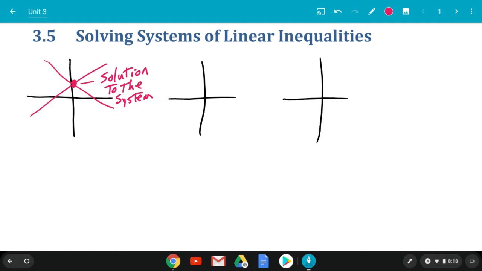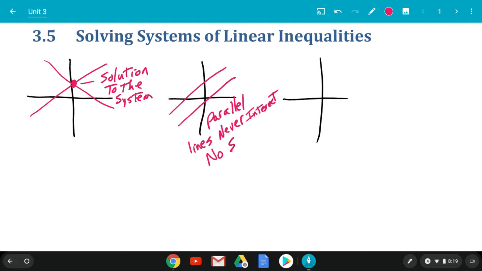We're looking for the solution, or the point of intersection. Almost always when we have two lines, they're going to intersect. Who can name for me one time when they will not intersect? Leo? Good. If they're parallel. If I have two lines that are parallel, parallel lines never intersect. So that would be no solution.